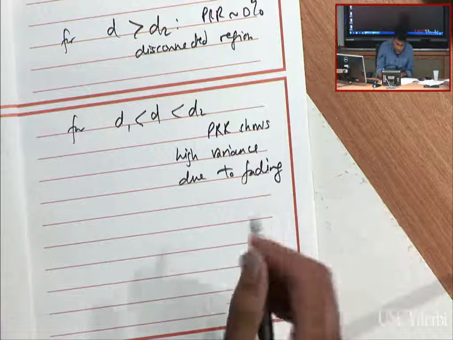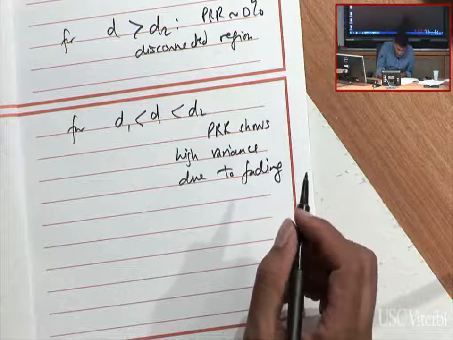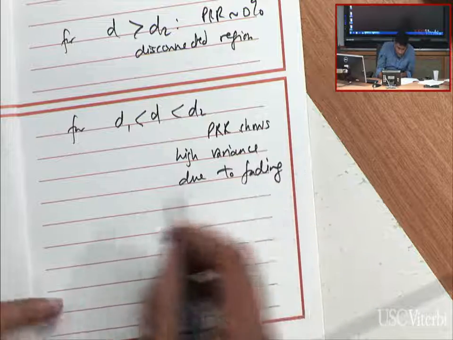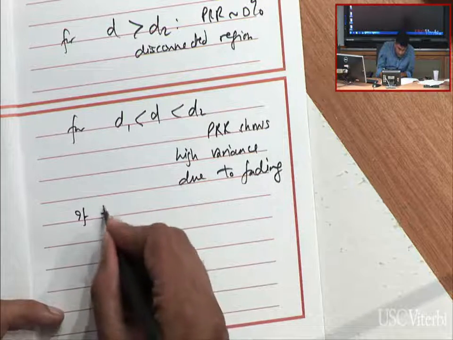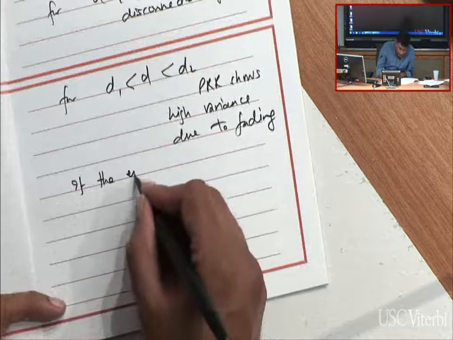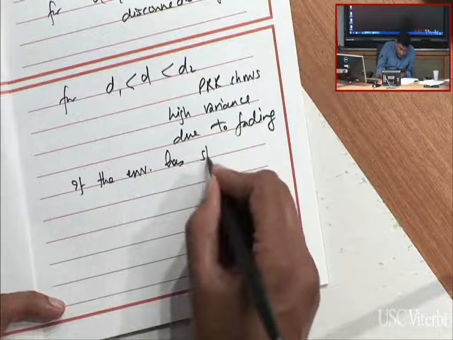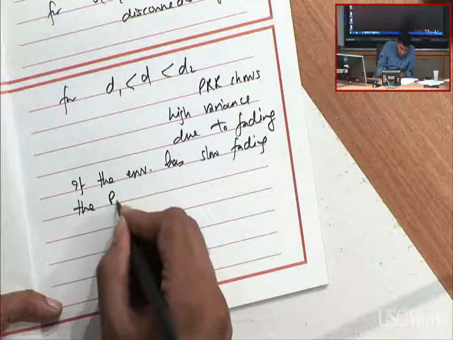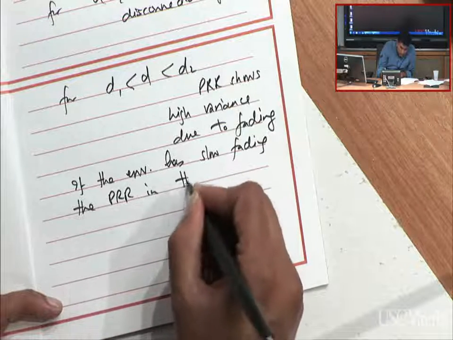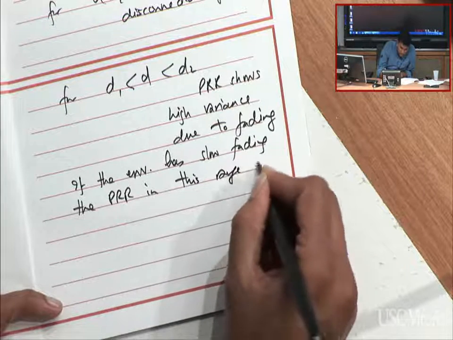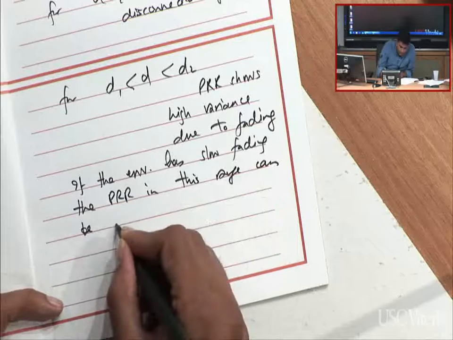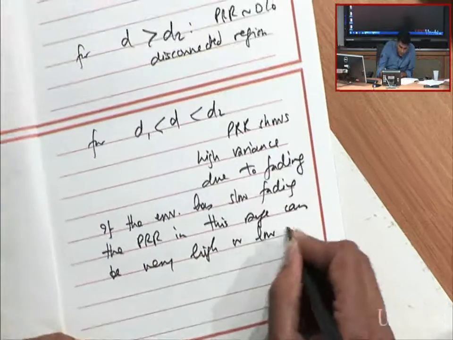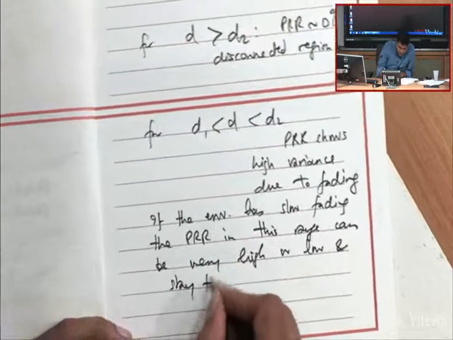If the environment has slow fading, the PRR in this range can be very high or low and stay that way.